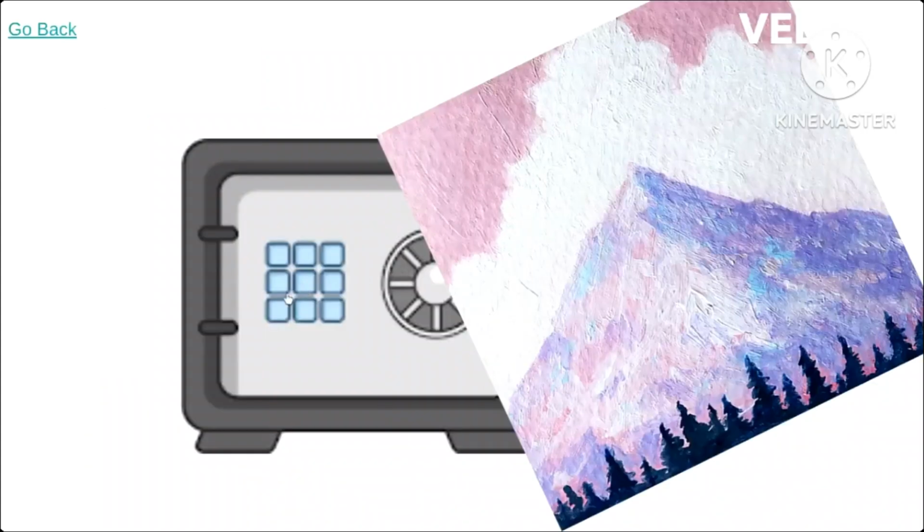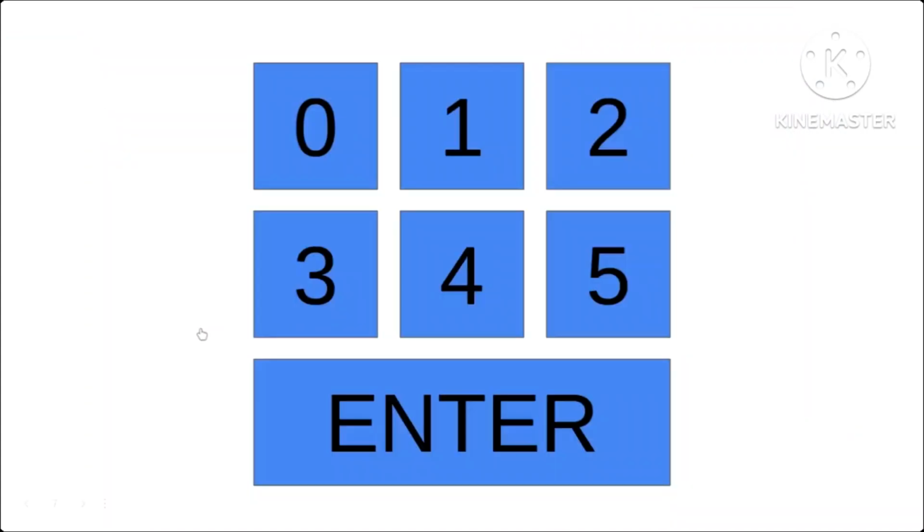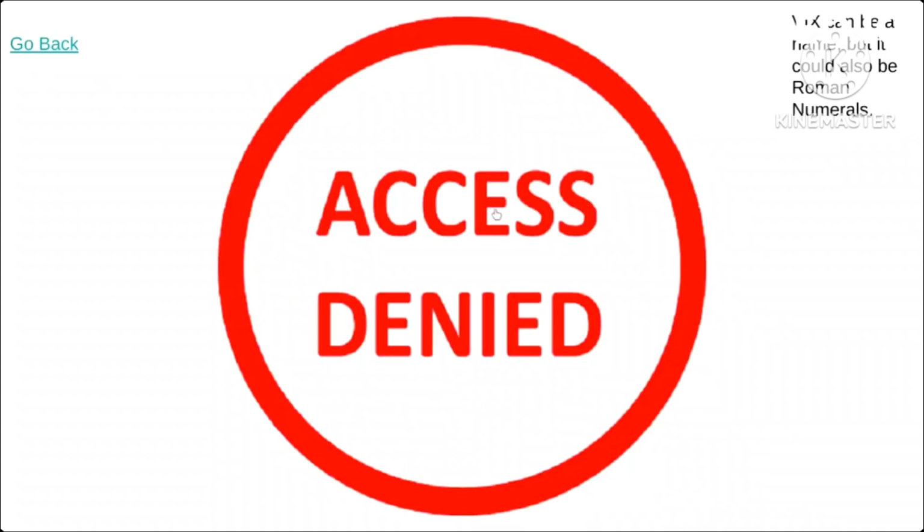Now if you click on this painting, you can click on it again, and then there will be a safe. And now right here I have a key code, and so what you can do is type in a whole bunch of stuff, then hit enter, and access denied. And I even have little hints here, like for example, VIX can be a name, but it could also be Roman numerals.